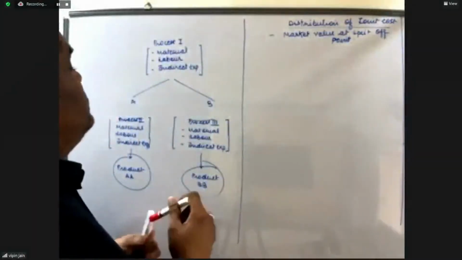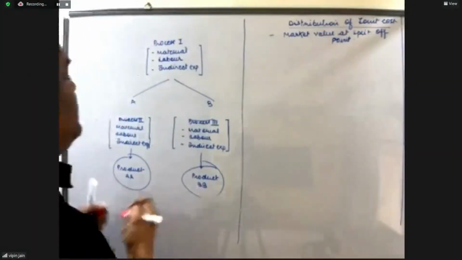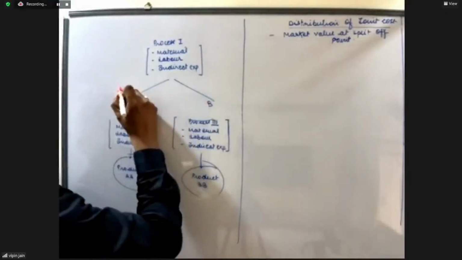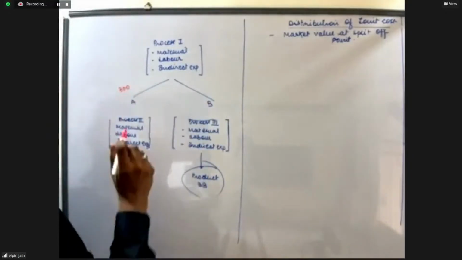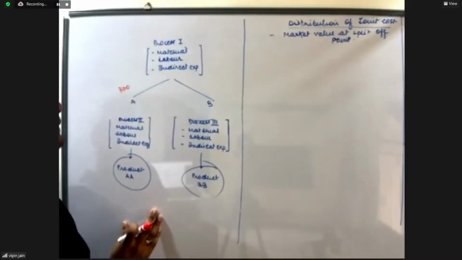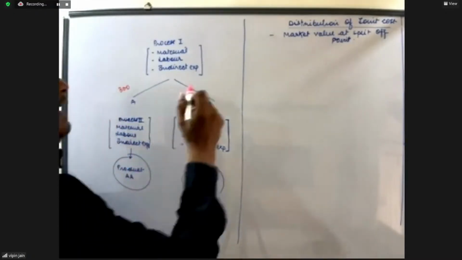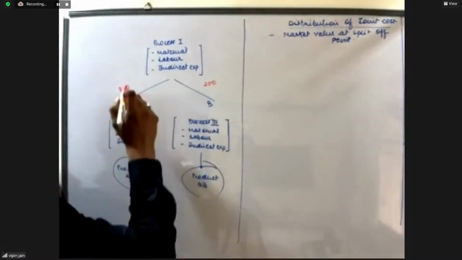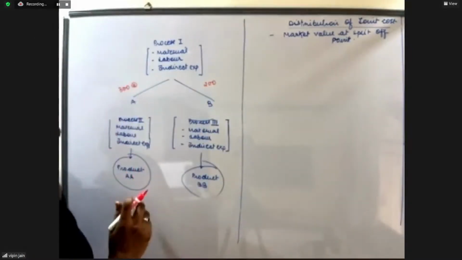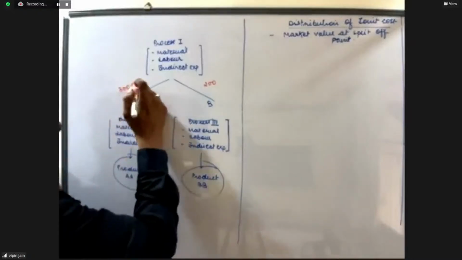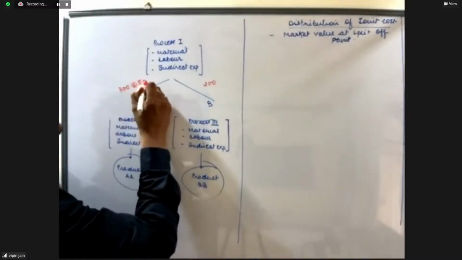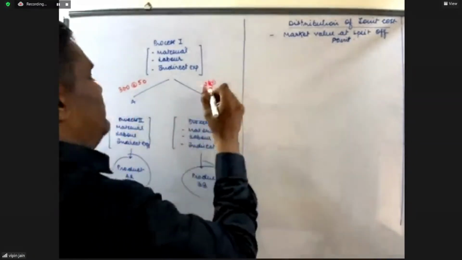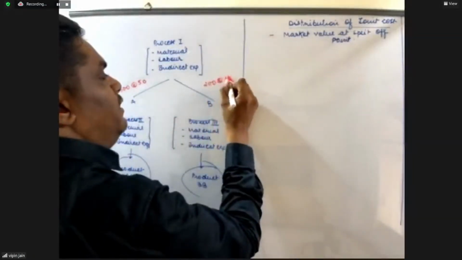Let's say from this process first, two products emerge out, product A and B. Let's say when talking about the quantity of A, 300 units were manufactured of product A and let's say 200 units were manufactured of product B. Further, when talking about the market value, this can be sold at the rate of rupees 50 per unit. And let's say this can be sold at the rate of 100 per unit.